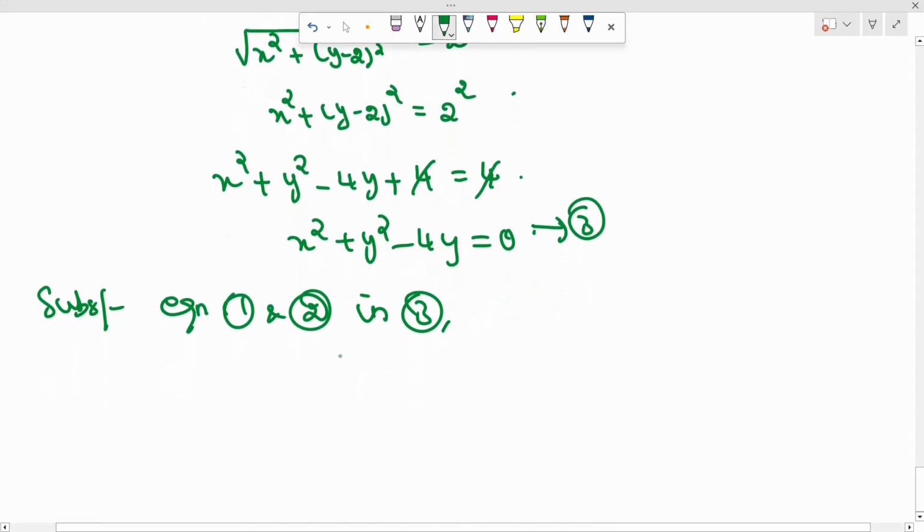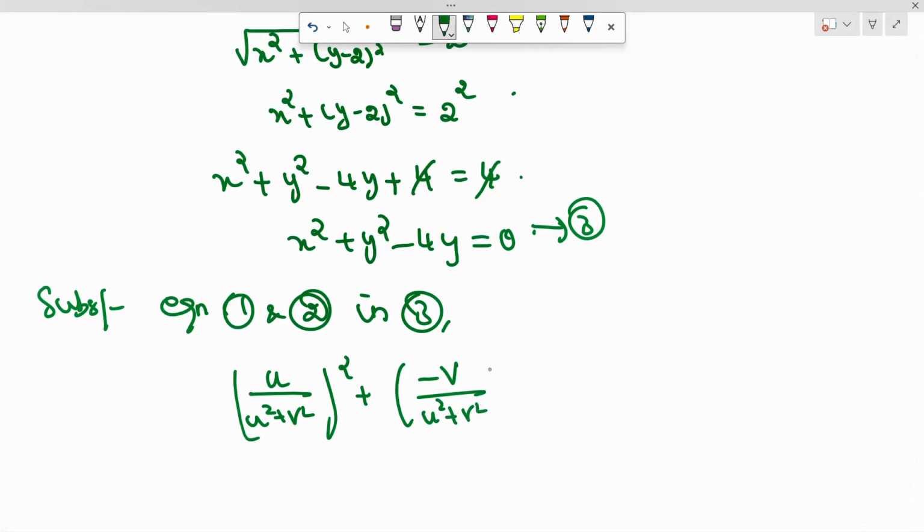What is x? x is u by u square plus v square whole square plus y square. y is minus v by u square plus v square whole square minus 4 into y. y is minus v by u square plus v square equal to 0.